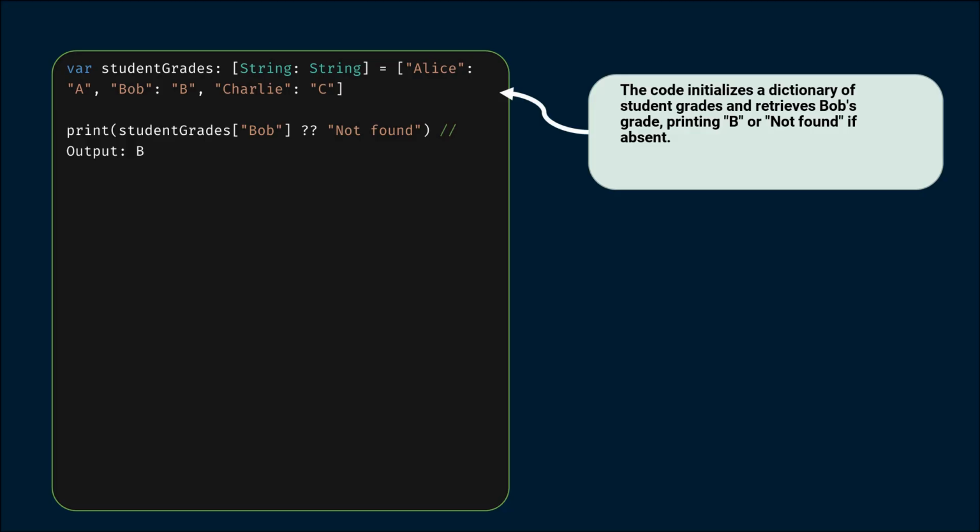This operator safely unwraps the optional return value, providing a default message, not found, if Bob's entry is missing. This enhances the robustness of our application by preventing runtime crashes. This way, we ensure that our code handles errors gracefully while managing key-value data efficiently.